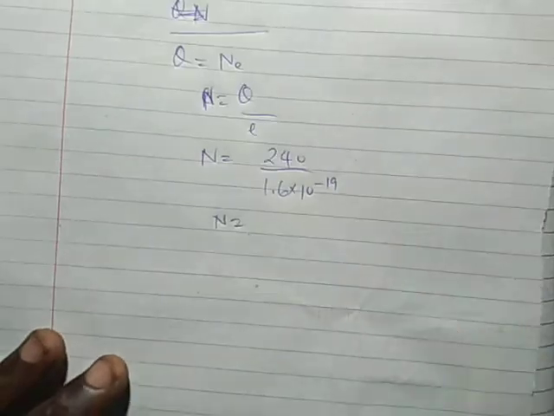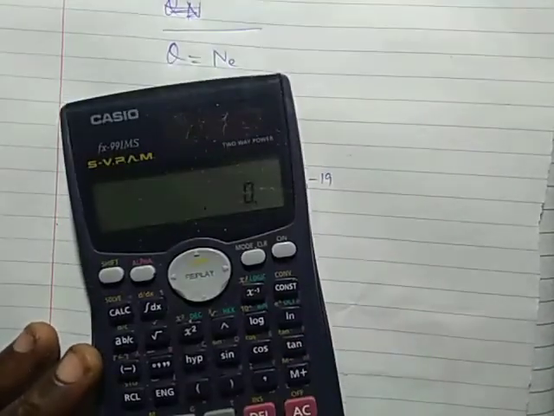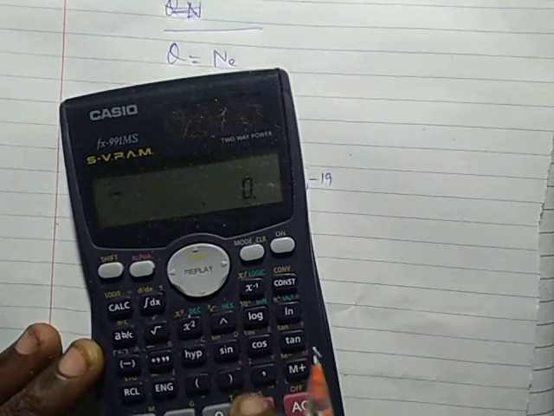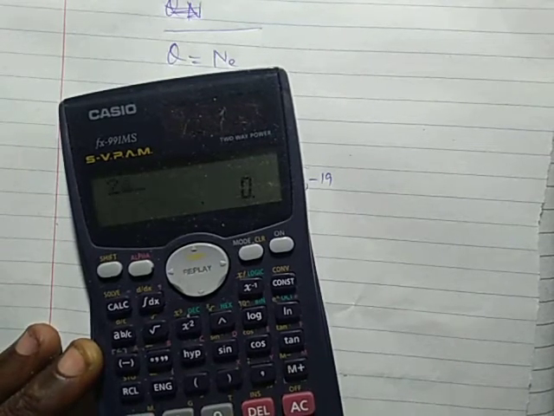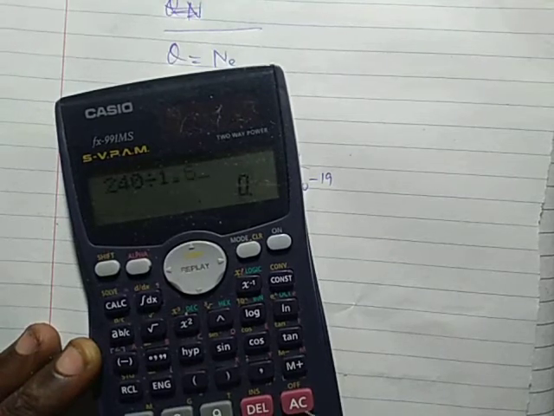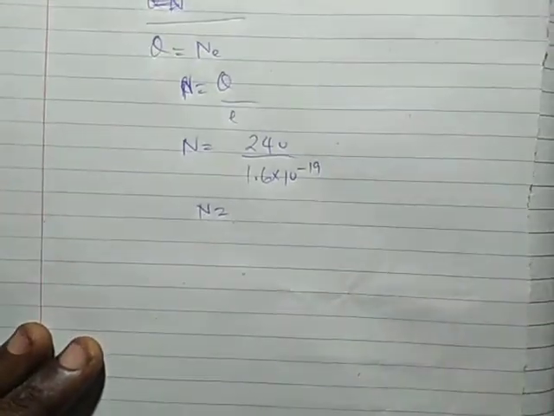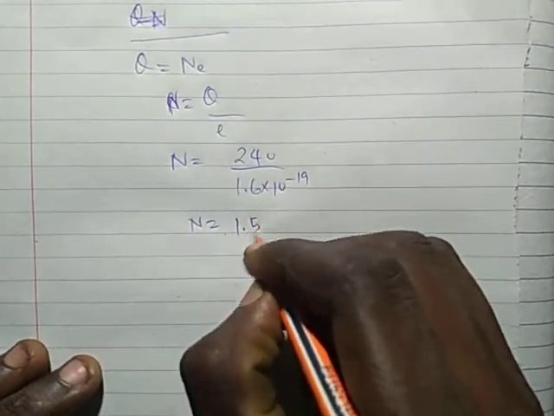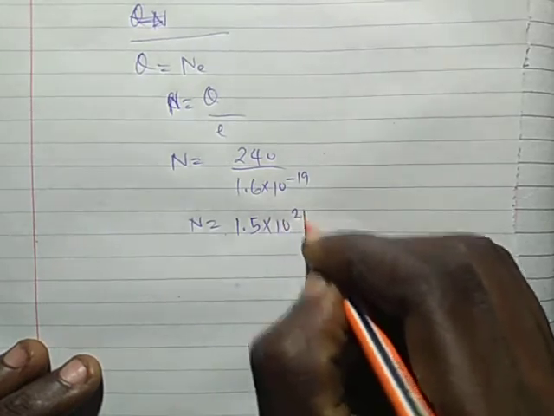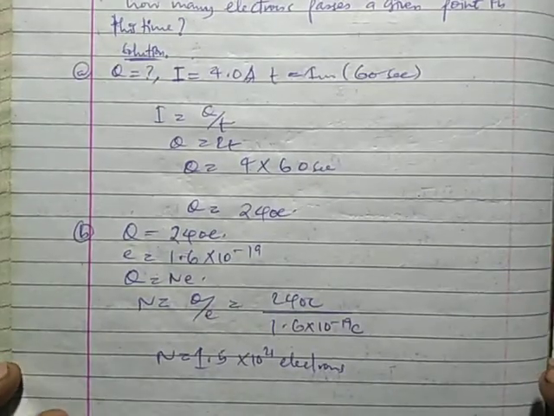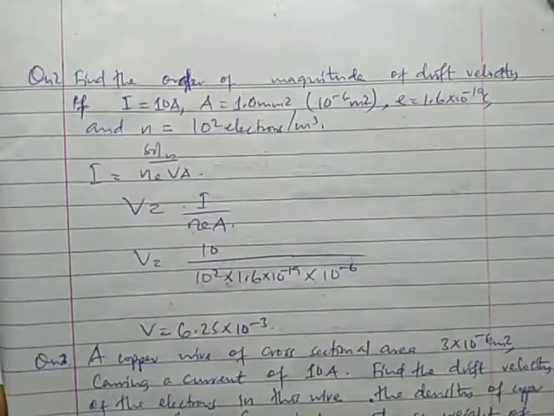Ukichukua hiyo 240 gawanya kwa 1.6 exponent negative 19, tapata ni 1.5 times 10 power 21. Hizi hapa zitakuwa nani? Ni electrons. Zitakuwa ni 1.5 times 10 power 21 electrons.